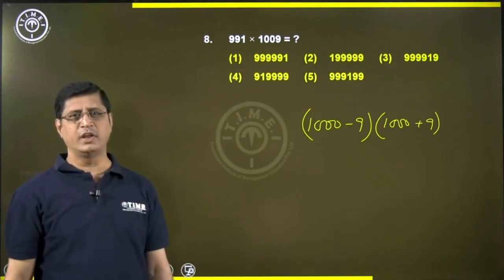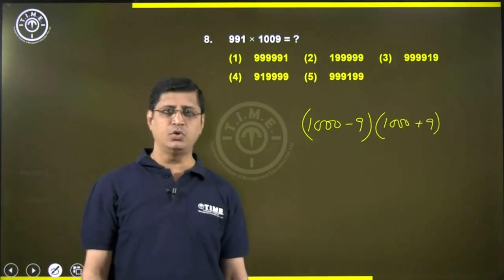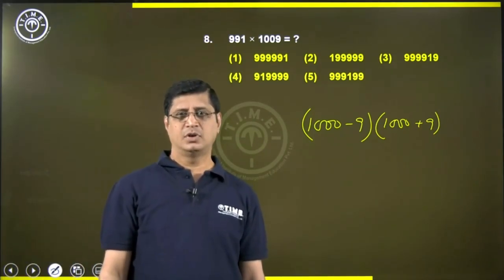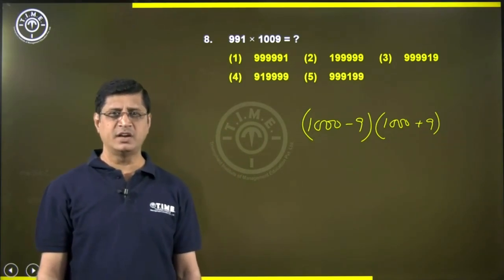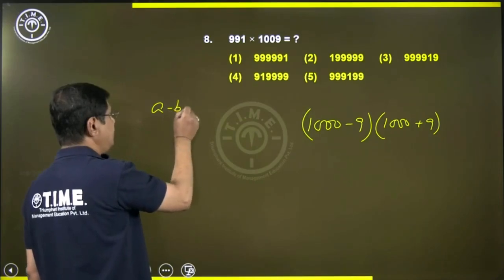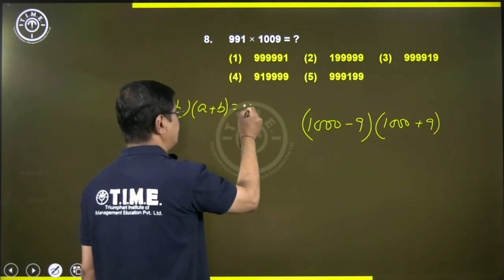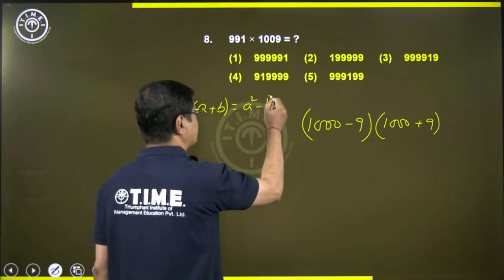If you observe this carefully, it is in the form of (a minus b) into (a plus b). So (a minus b) into (a plus b), that is a square minus b square. Now what is the formula? a square minus b square.